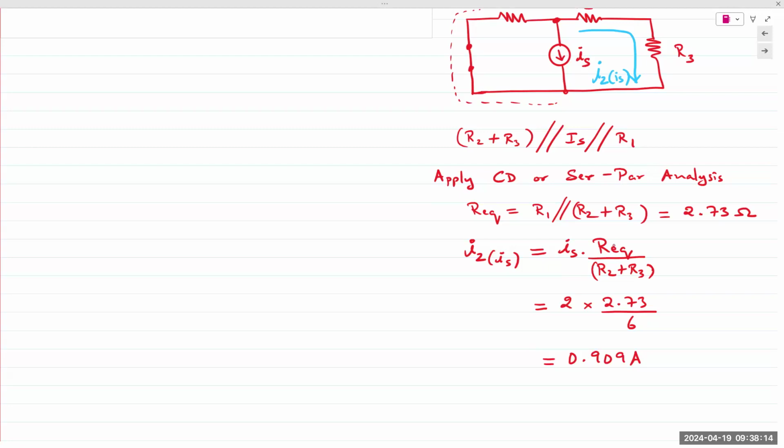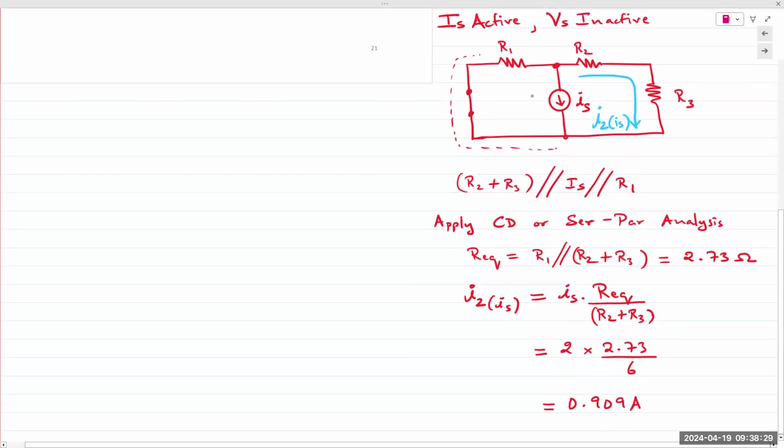But remember what I said. Current Is is not going up, it's coming down. So it's coming down this way and splitting going this way. So the current due to the current source is actually flowing up R3, not down.